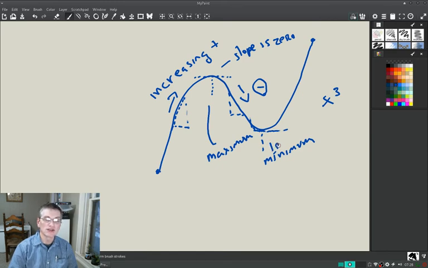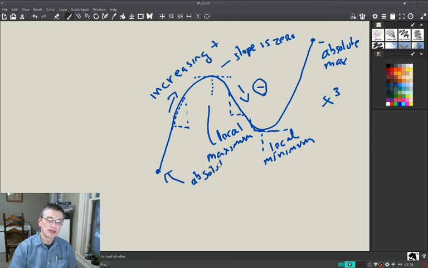So we say it's a local minimum and a local maximum. These are just terms we're going to use. And here's the highest it gets absolutely. So this is the absolute maximum. And conversely, also absolute minimum. Terms we're going to be using.